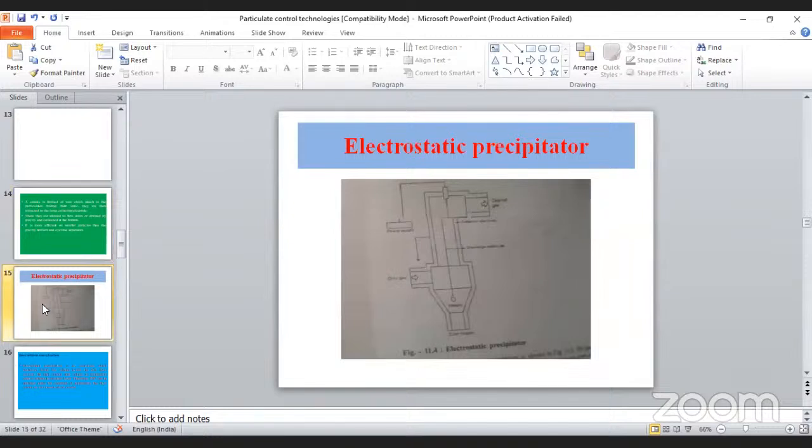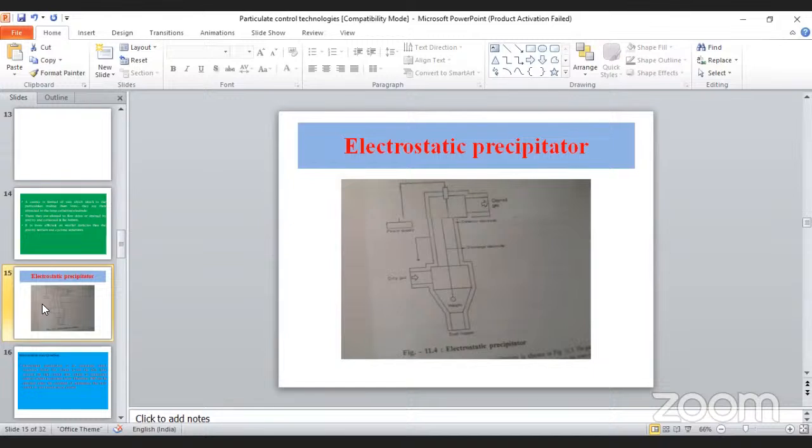There is a diagram in your book, you can look at that. There is a power supply giving power to the wire in the middle. And the gas stream enters from the left side. Once the wire is charged, it starts emitting the ions, and when the gas stream goes through, these two react and attach to each other.